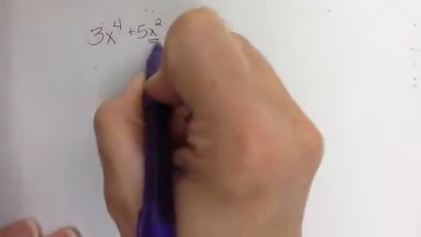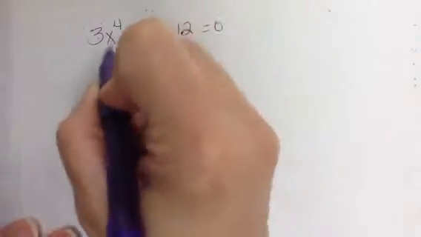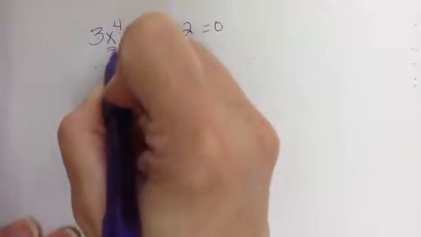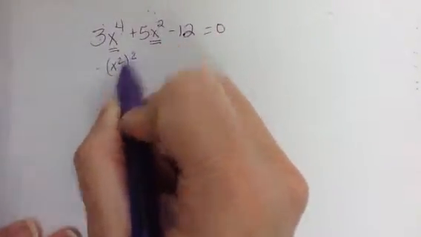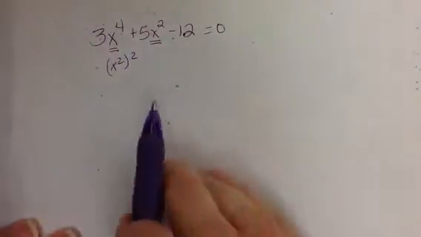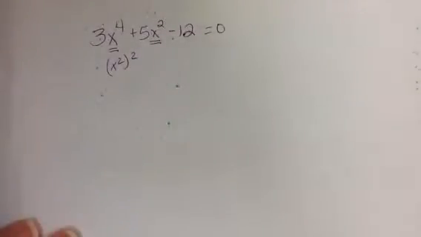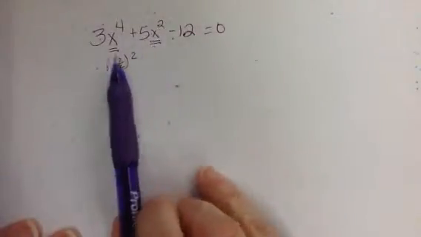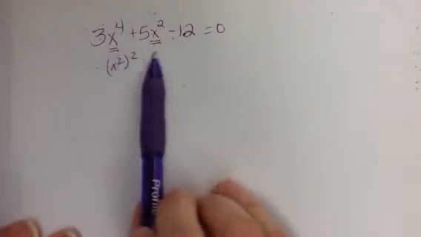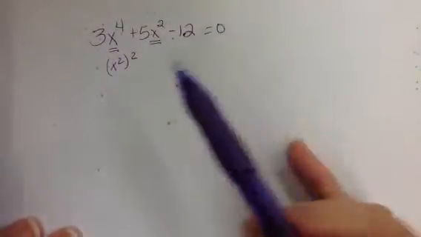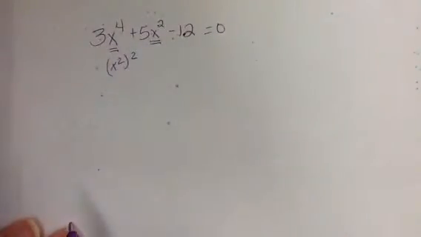The middle term is an x squared, and the first term is an x to the fourth, which is x squared squared. So this one is in a quadratic form. It has an x squared, and then it has the same thing squared. So you could factor this if it would factor using those numbers.